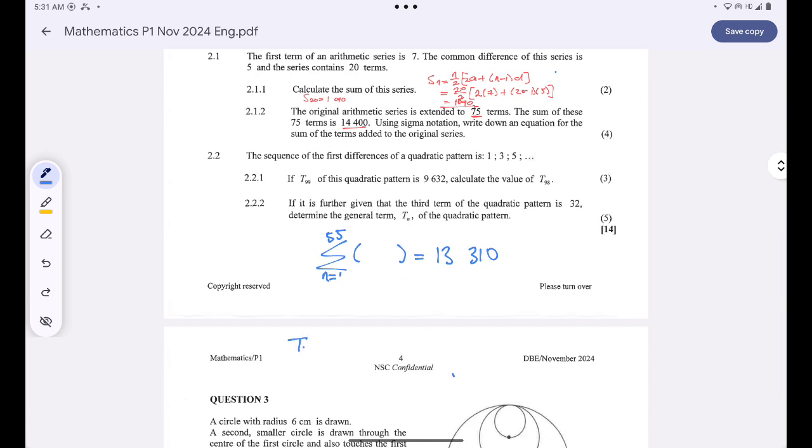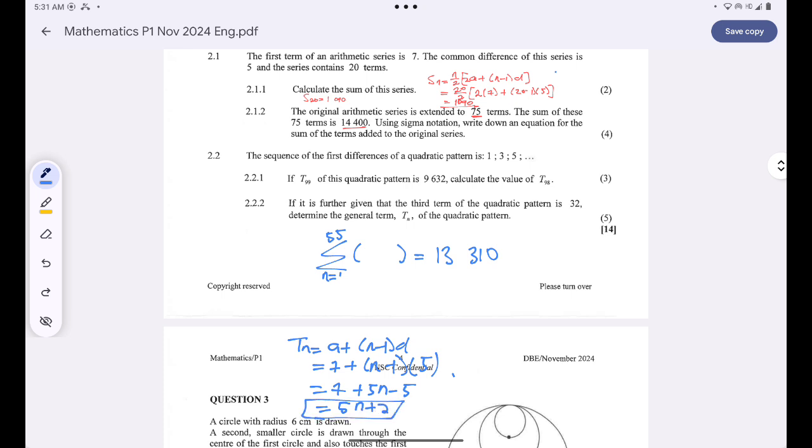I know that Tn is equal to a plus (n minus 1)d. a, the first term of this sequence, is 7, and the difference is equal to 5. So 7 plus 5n minus 5, and hence the nth term is just 5n plus 2.